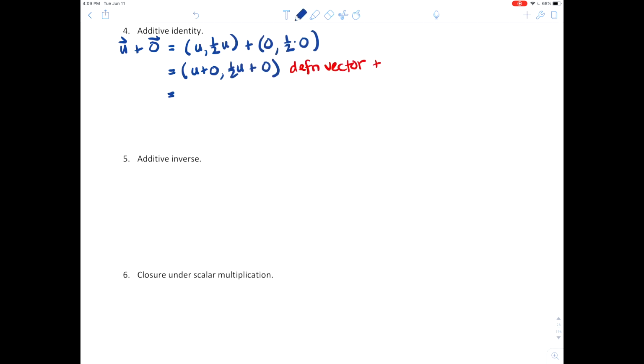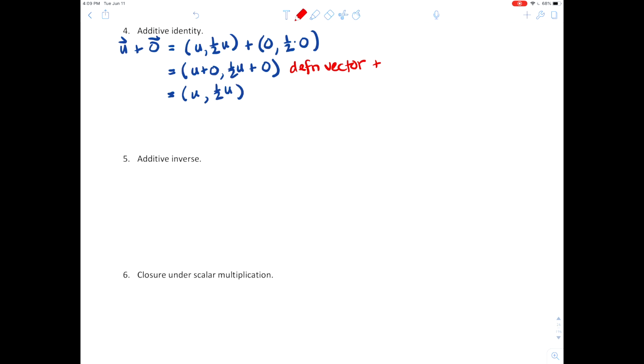All right, well, u plus 0 will be u. Remember, we're dealing with the components, so we're in real numbers. And 1/2 u plus 0 is 1/2 u. That's just algebra, right?